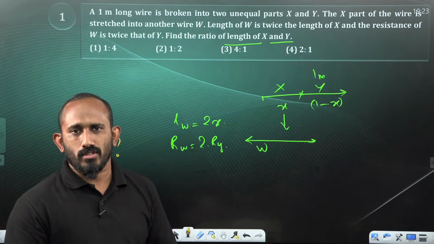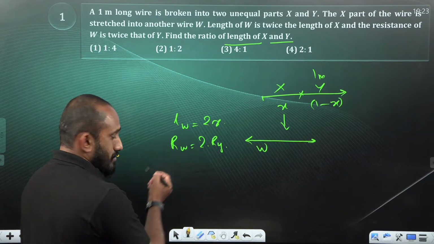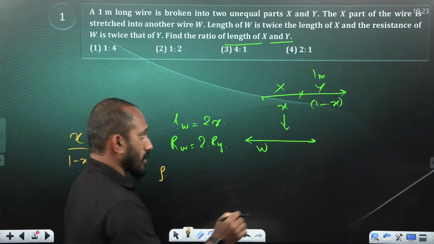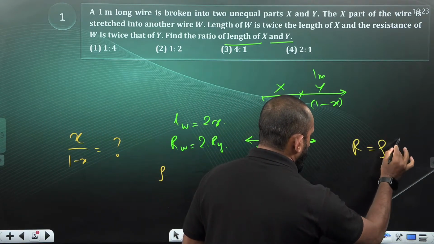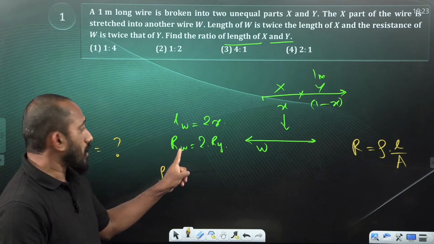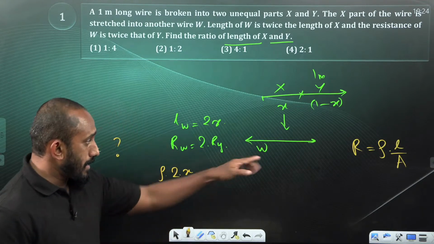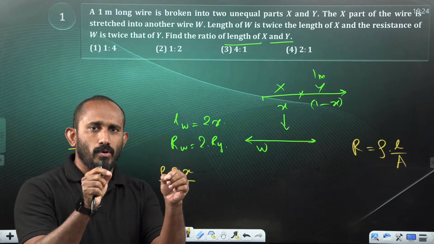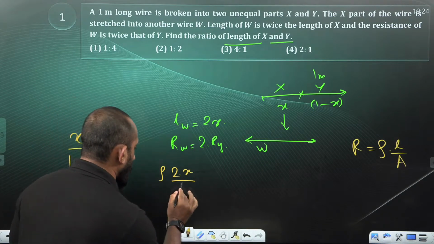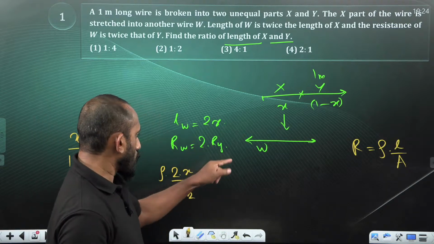So substitute the equation of resistance in terms of resistivity, R equal to rho into L by A. So rho into length of W, that is 2X, by area of cross section of W. W is formed by stretching X to twice the length, so its area of cross section will become A by 2. This is equal to 2 into RY.